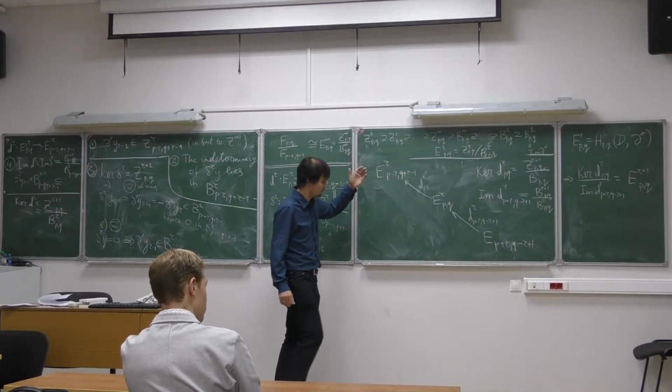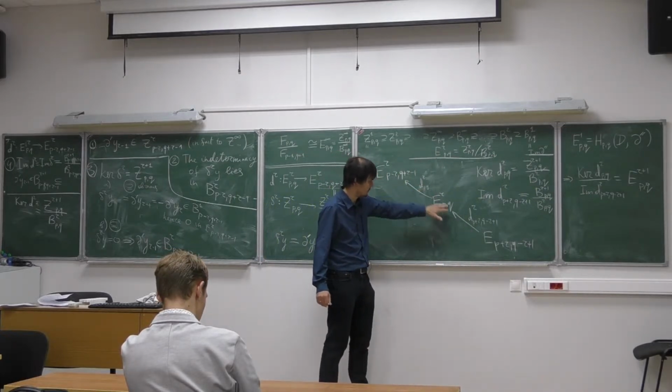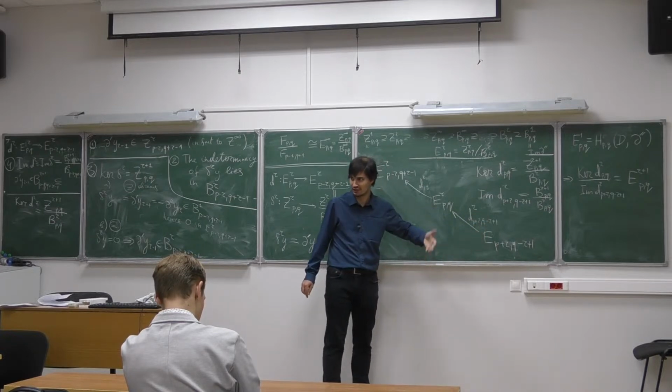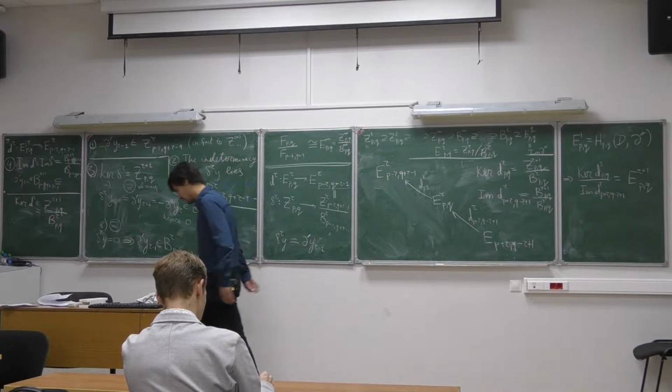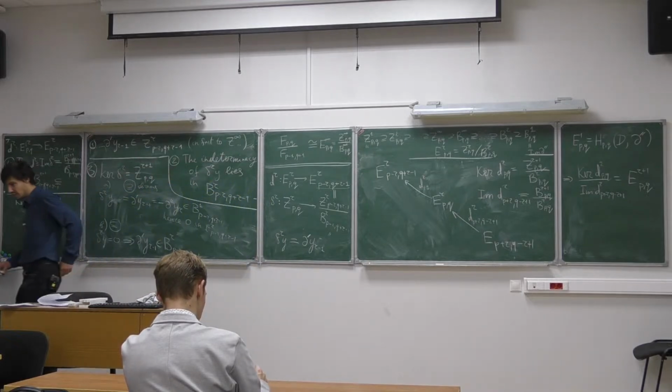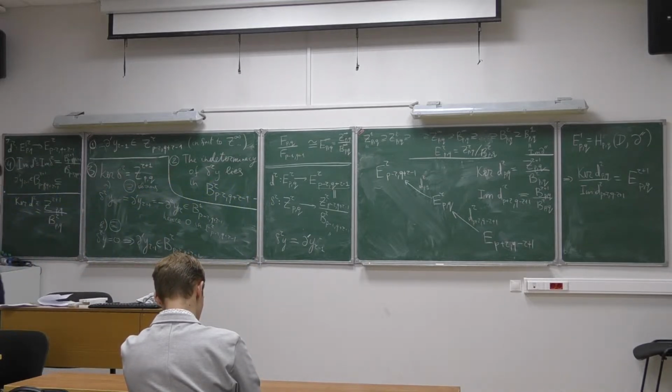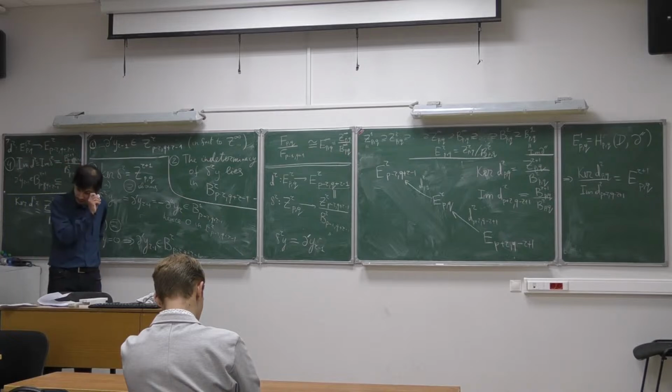Of course, further we never will write these additional indices, and we just say that the R plus 1 term of the spectral sequence is the quotient of the kernel of dr by the image of dr. Okay, we have proved this fact.